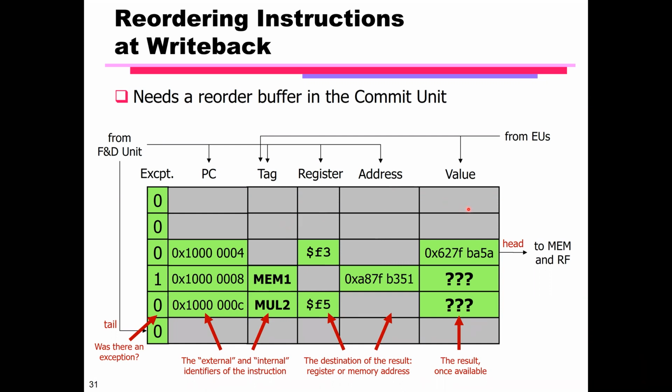There are a few other things that I drew on this reorder buffer, and maybe it's not completely, absolutely complete as a reorder buffer, but it is a reorder buffer that will do all the things that we need to do in our examples, in our, let's say, elementary processor. There is a column, or a field, that says, did this instruction have an exception? I will go back there in a minute.